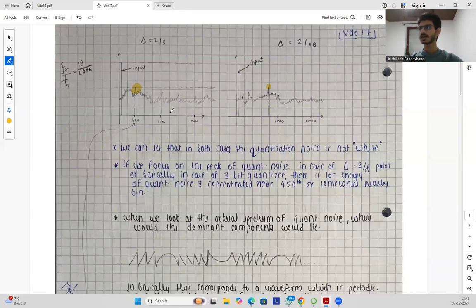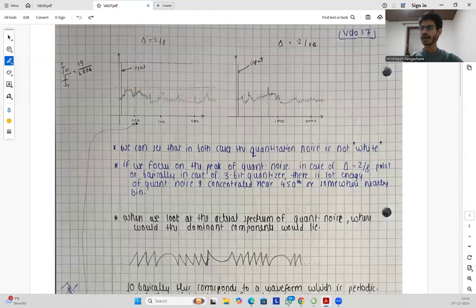In the case of the 3-bit quantizer plot, there is a lot of quantization noise energy concentrated near the 450th or 430th bin or somewhere nearby. So over here, there is a lot of quantization power concentrated.